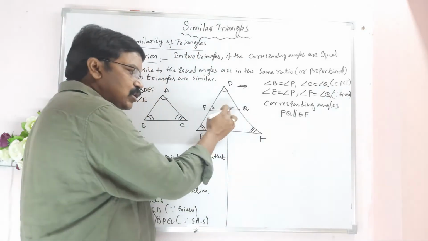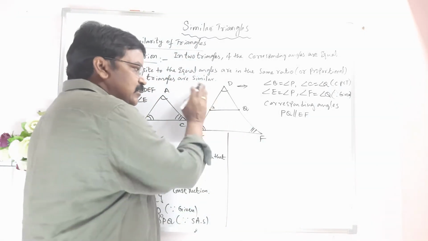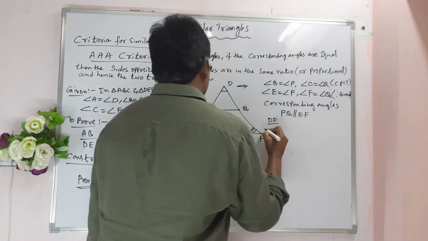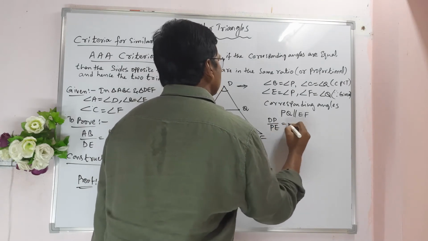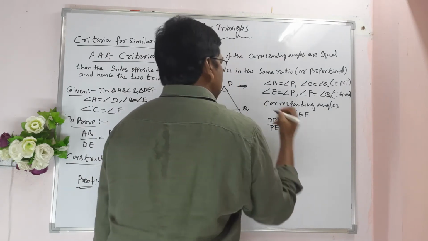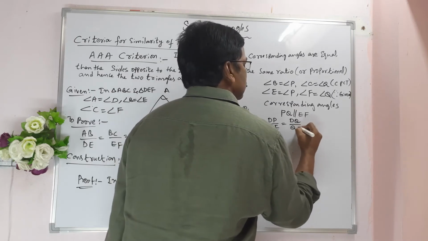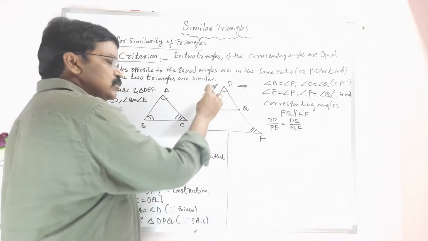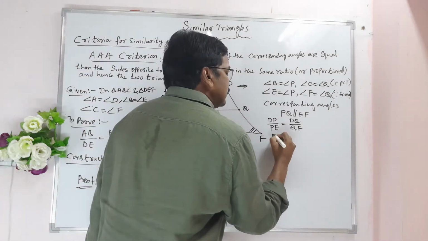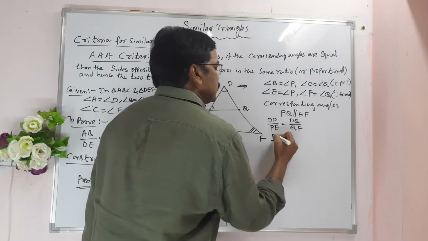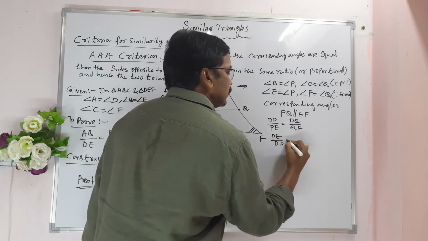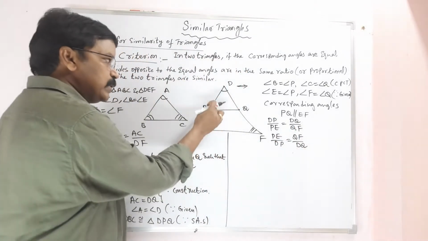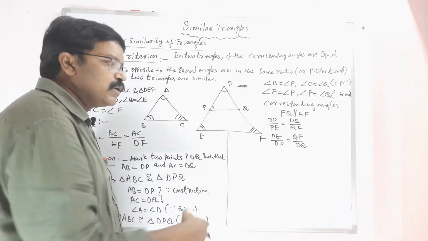If a line is drawn parallel to one side of a triangle, it will divide the other two sides in the same ratio. That means DP by PE is equal to DQ by QF. So, my dear students, I will make it reverse here: PE by DP is equal to QF by DQ.